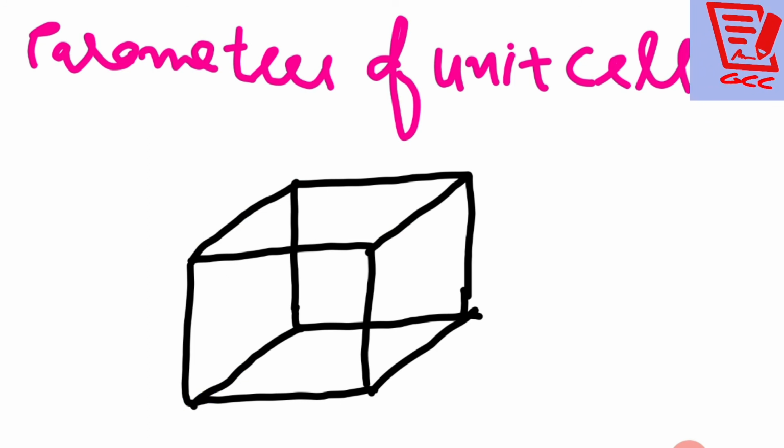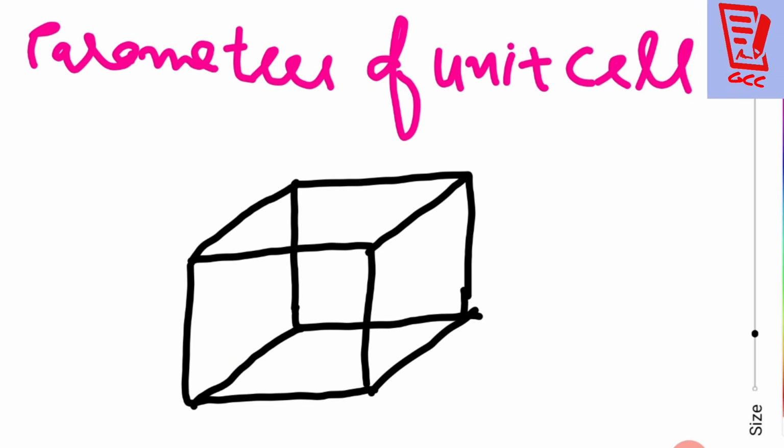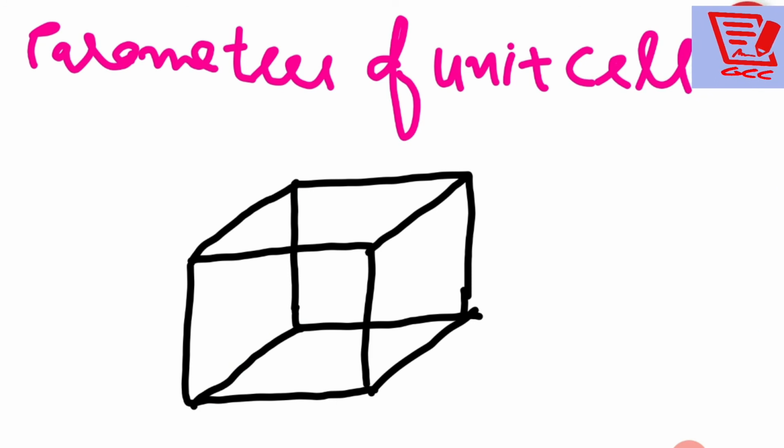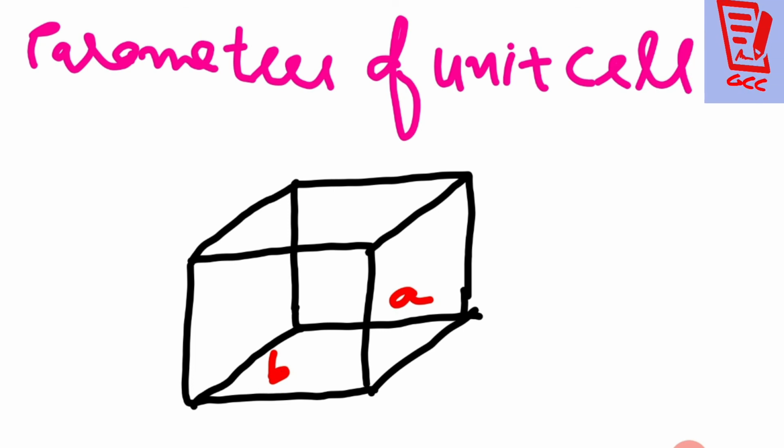Now we have to see how we can measure it. We are going to write the angles and the sides. Let this be side A, this is side B, and in the same way this is side C. You can write ABC anywhere, no issue.